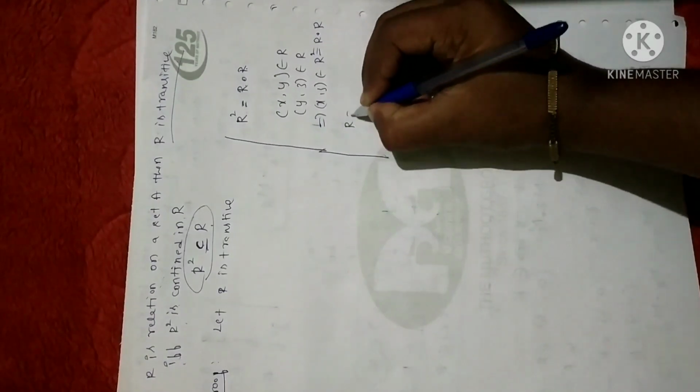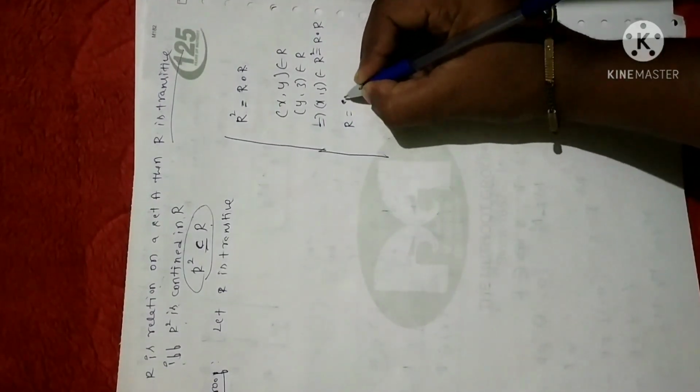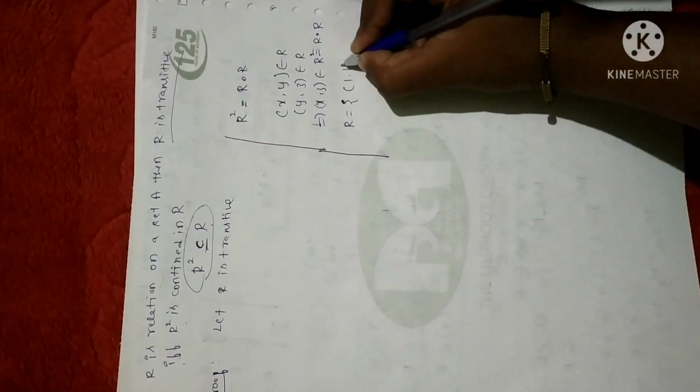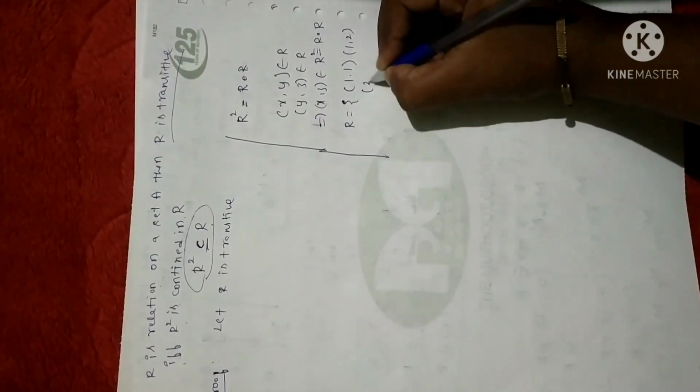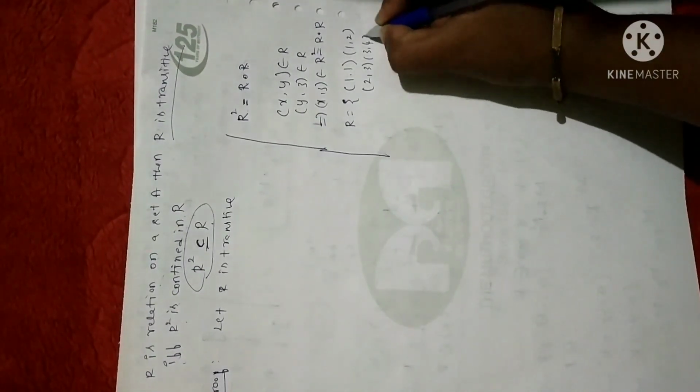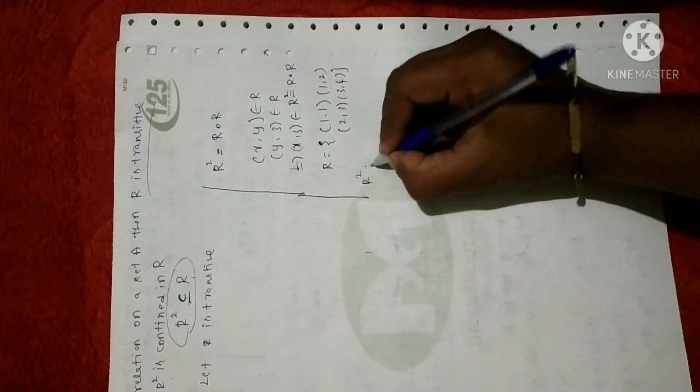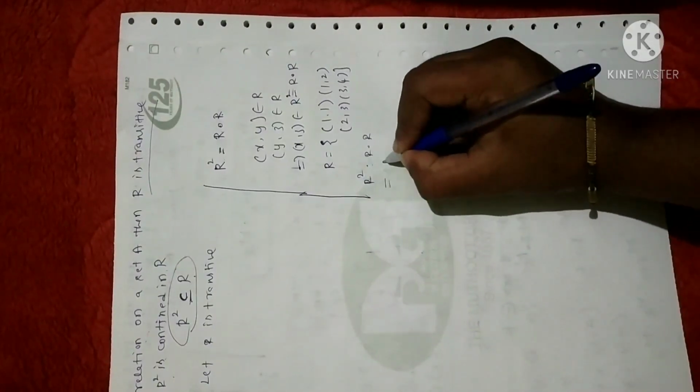See here, suppose I have a relation R with elements 1, 1, 1, 2, 2, 3, 3, 4. Now, let me find its R square, in the sense R composition R value.